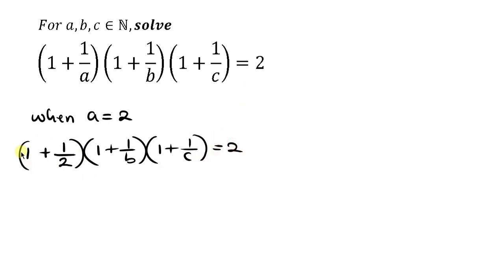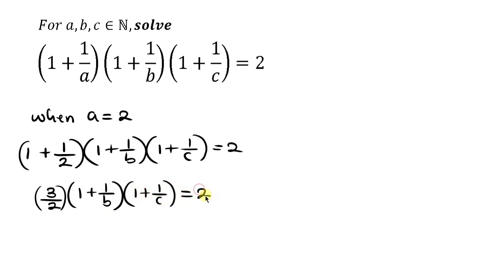So this first factor simplifies into 2 times 1, that's 2, plus 1, that's 3. So this is 3 over 2 times 1 plus 1 over B times 1 plus 1 over C is equal to 2.